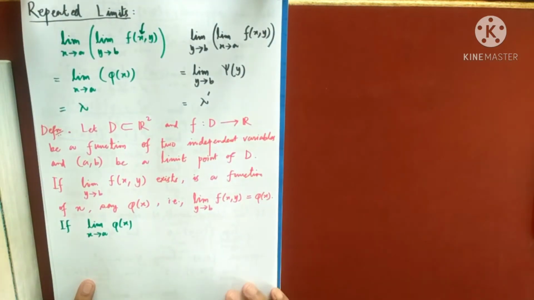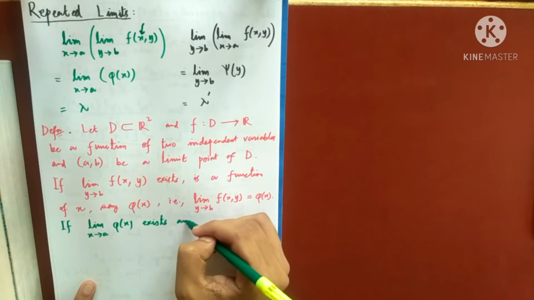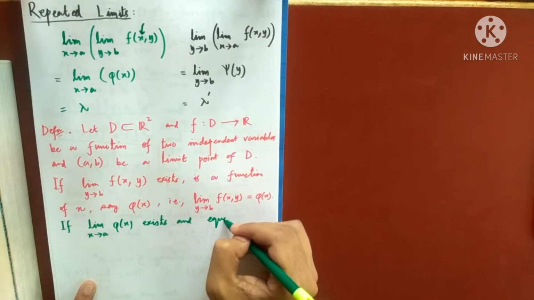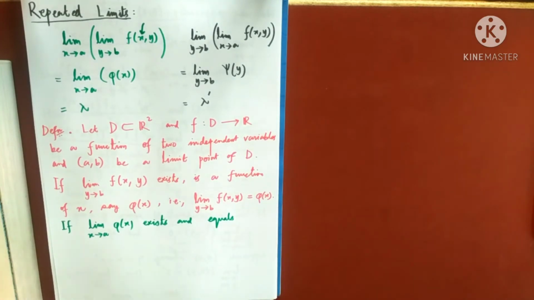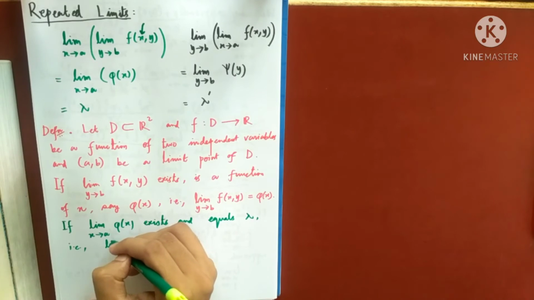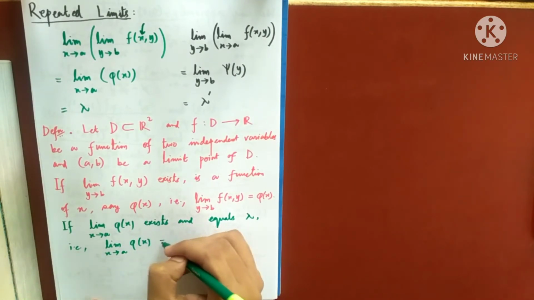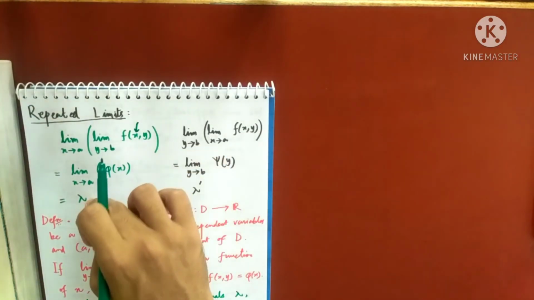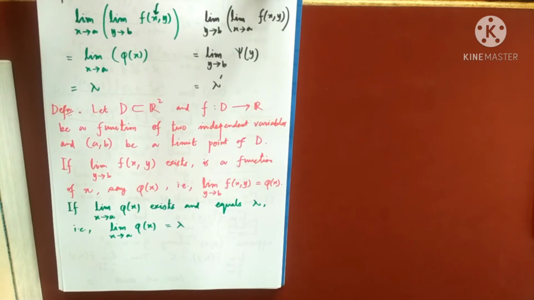If this limit exists and equals lambda, suppose, that is what I mean by this, that is, this limit x tends to a of phi of x is lambda, as already written here. As you can see, I have written everything here in more detail and nothing else.